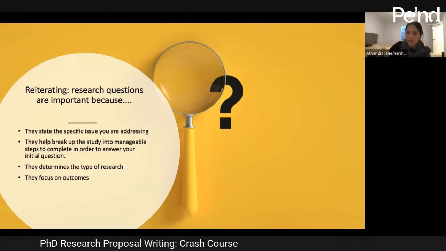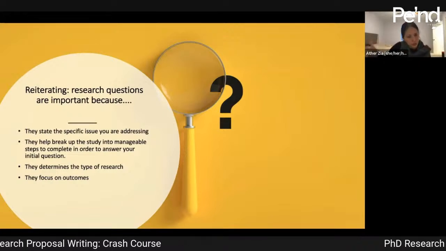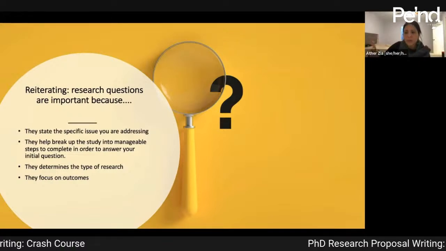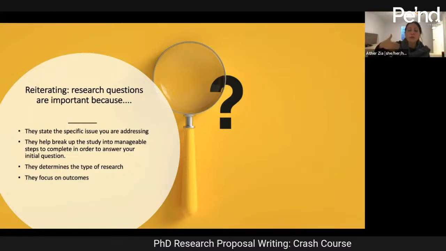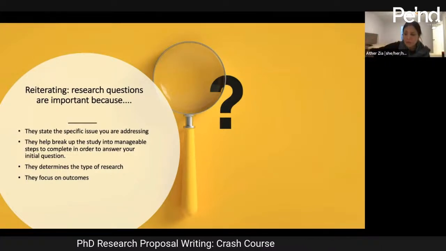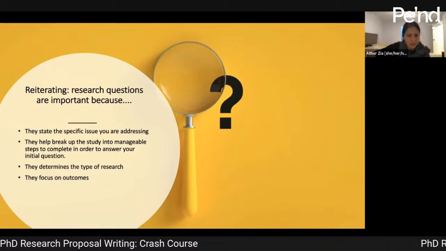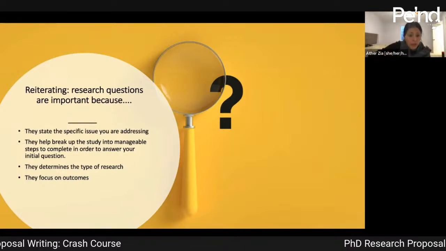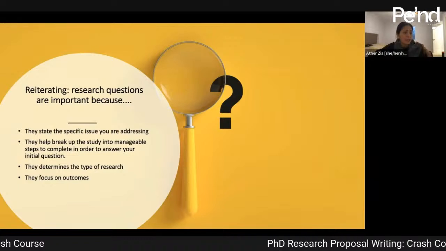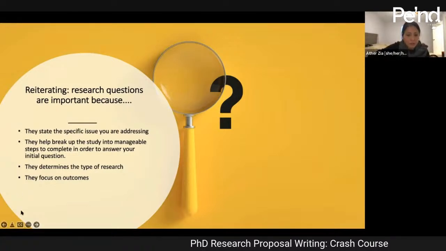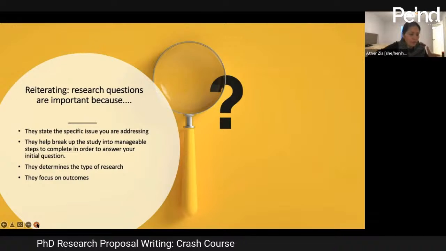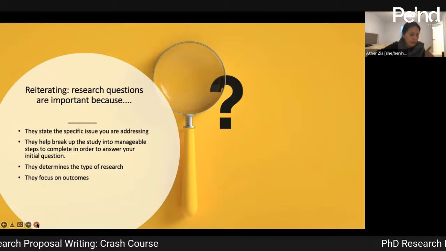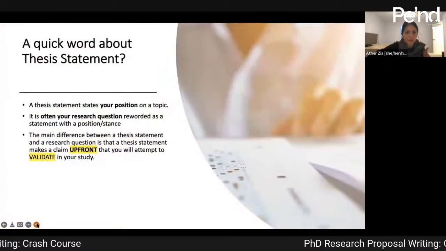And your questions always focus on the outcomes. What's going to be the outcome of this research that I'm about to embark on? And what am I adding new to this topic? Those questions are going to address that, which is why, as you are starting to think about your research and your topic, make sure you have several questions in mind, and one of them is going to be the central question, and the other questions are going to be the guiding questions.